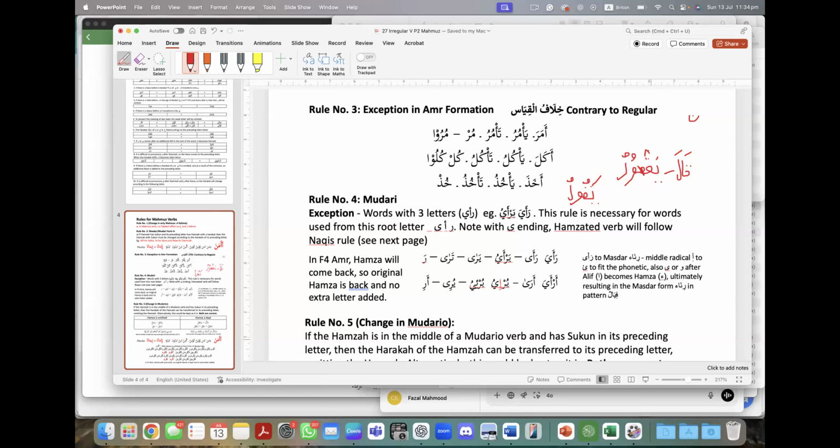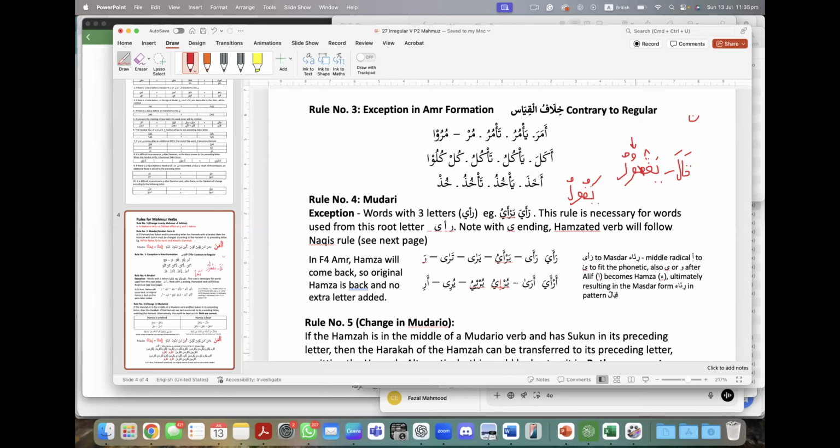Yaqulu. Which family is it? Nasara, yansuru. But now the rule comes. The rule says, if you see a situation where you have got two letters side by side, one of them is consonant, heavy, and one of them is weak, and the weak letter is carrying a heavy haraka on it.